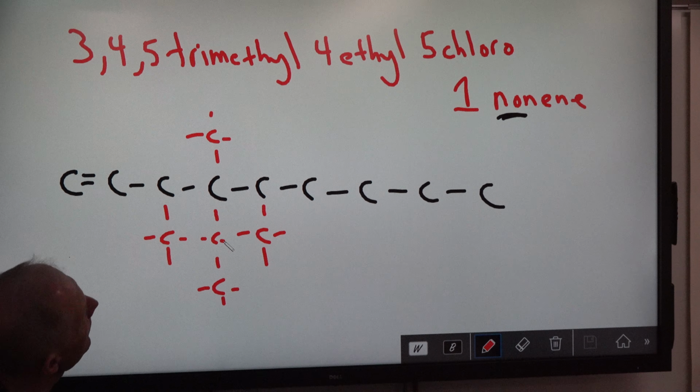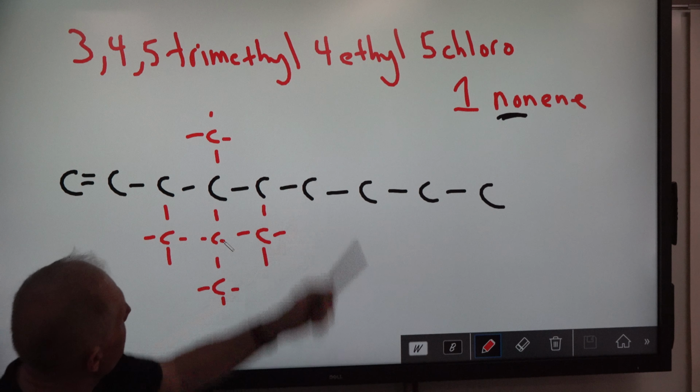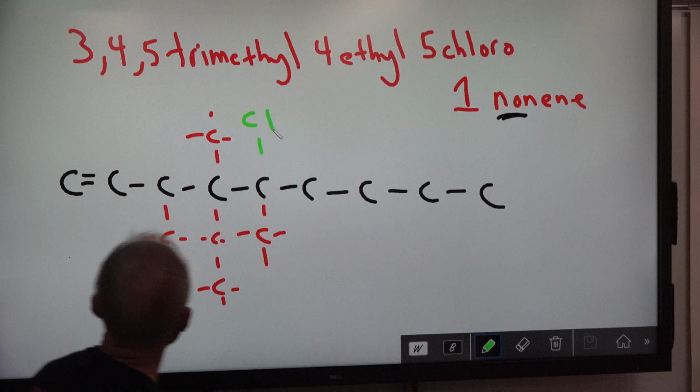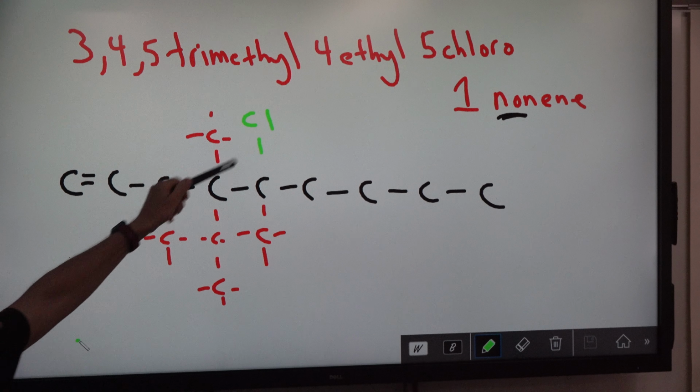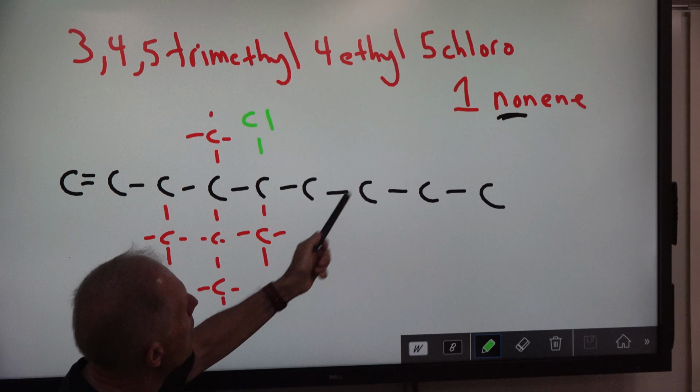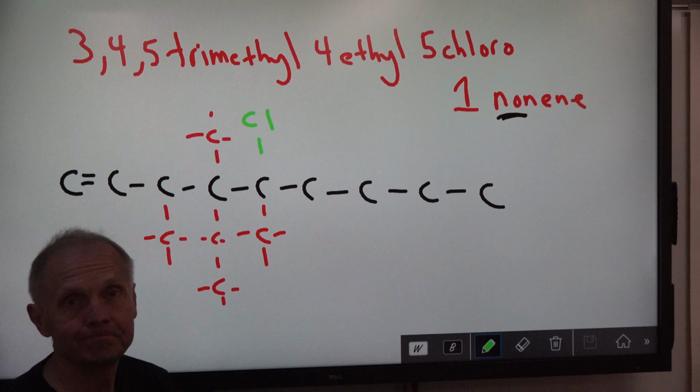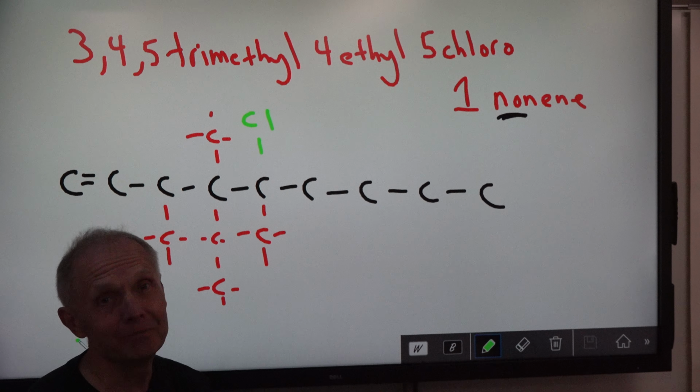All right, and then it goes 5-chloro. Well, chloro stands for chlorine. So 1, 2, 3, 4, 5 chloro, Cl. Now, I didn't put any of the hydrogens, but that crazy thing right there is 3,4,5-trimethyl, 4-ethyl, 5-chloro, 1-nonene. All right? Okay, good luck.